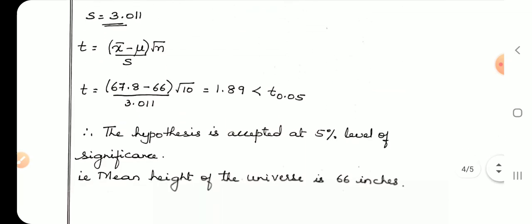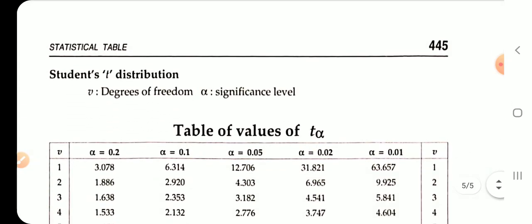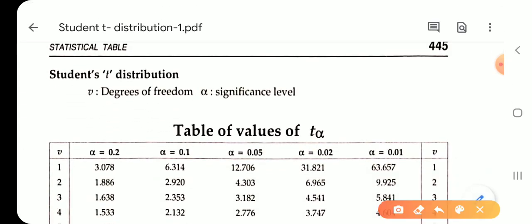So, one more example I will give you. In the first problem it was given, no? So, let us try to find this. Find the value of t of 0.05 for 11 degrees of freedom.